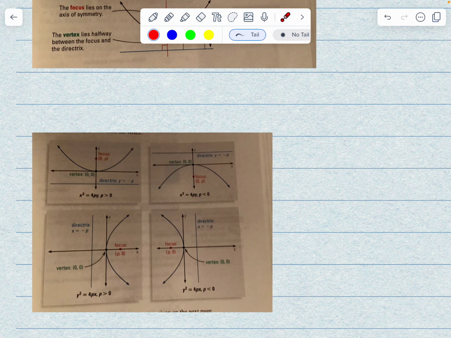So you say x squared equals 4py. The only thing over here is that it's a little confusing. The p is less than 0. Okay, obviously you can see it's on the lower part, right? So the p is less than 0. They just write (0, p), but p is less than 0, right?